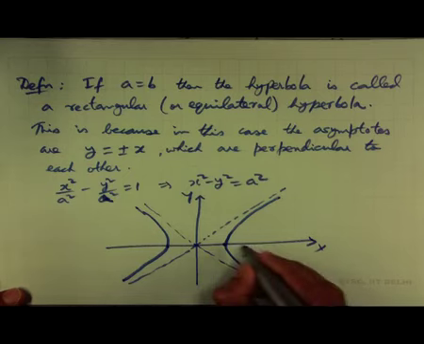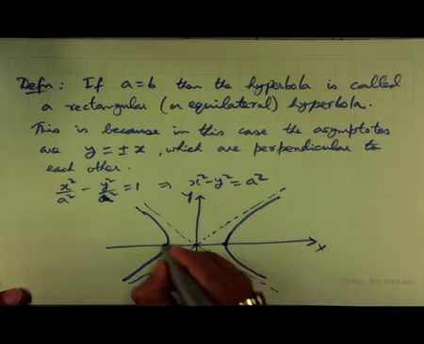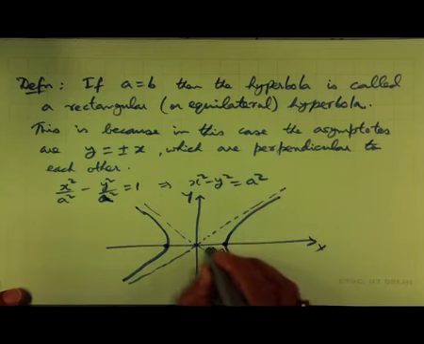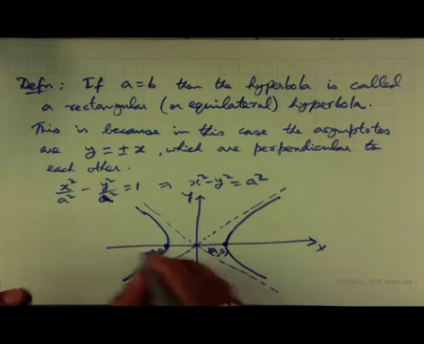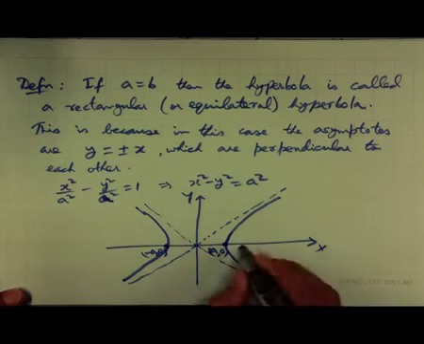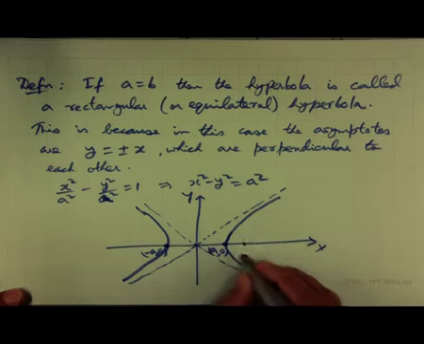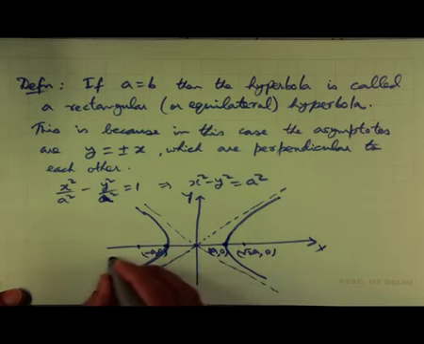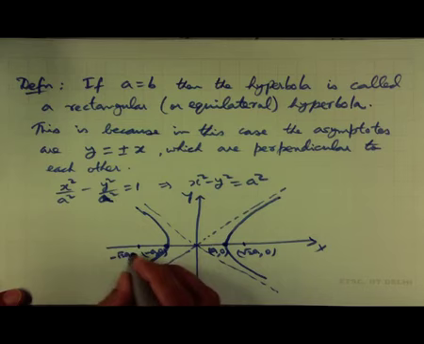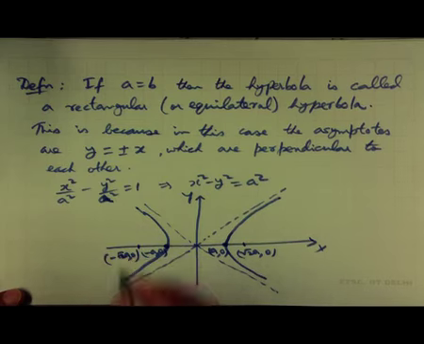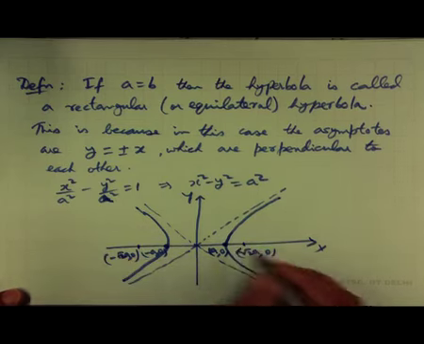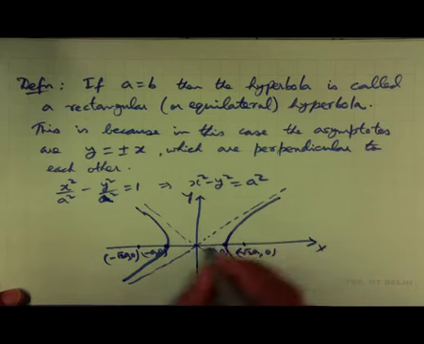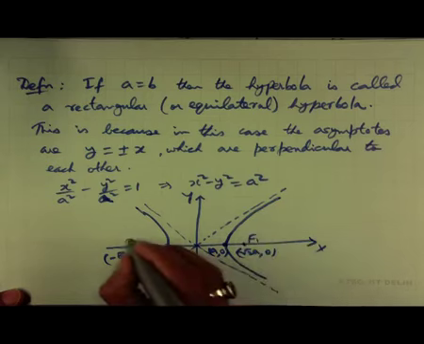And in this case, say the vertices are at the points a comma 0 and minus a comma 0. Because b is equal to a, the foci will be at the points root 2 a comma 0 and minus root 2 a comma 0. Right, because a square plus b square is c square. So, this is F1 and F2, the foci.